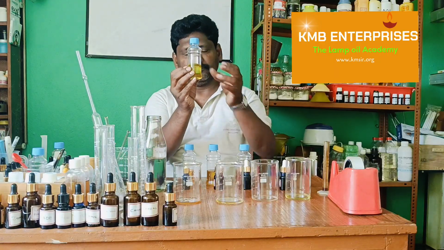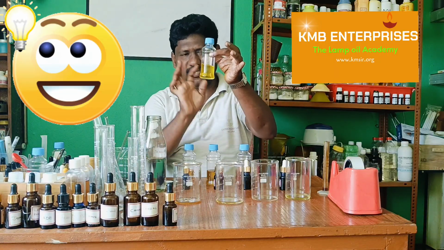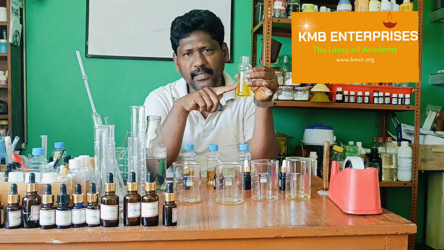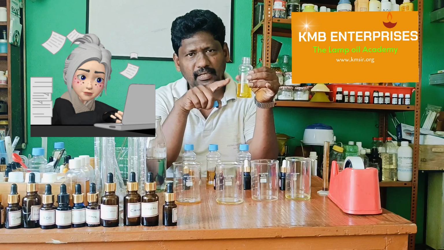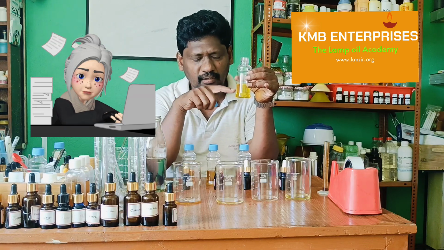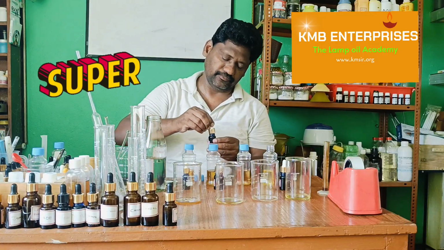Okay, now just imagine if I want to change something in here. Already you know that this is sample A with 50 ml of base oil, 3 drops of SY01. Now I will add SS01, a single drop.